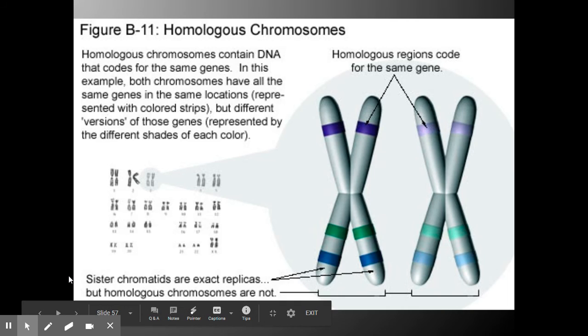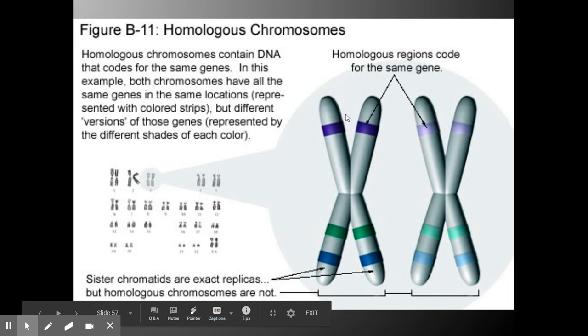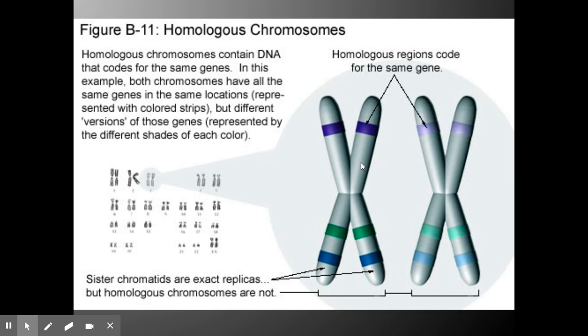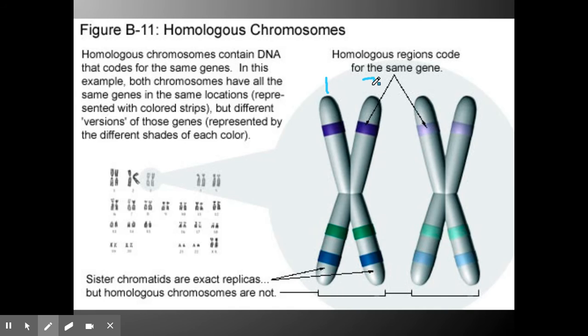So it's saying down here, sister chromatids are exact replicas, but homologous chromosomes are not. So what we're saying here is sister chromatids are each half of the X. So this is sister 1, this is sister 2, and on this one, this is sister 1 and this is sister 2 chromatid. But these two chromosomes are totally different.